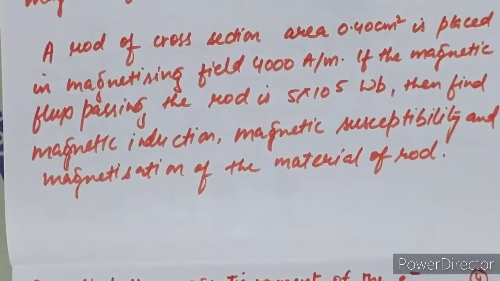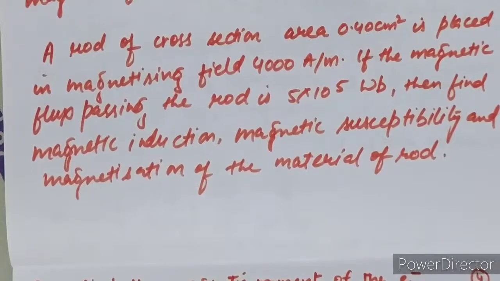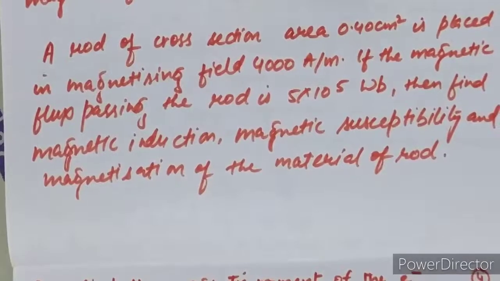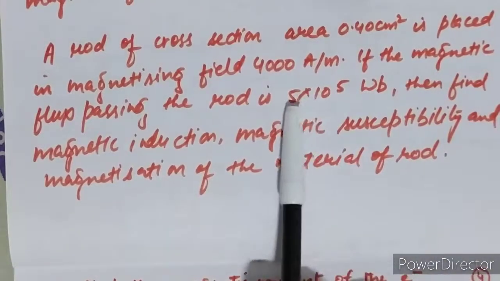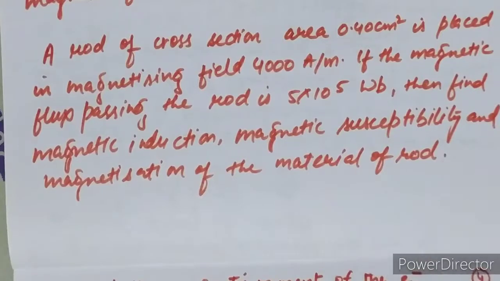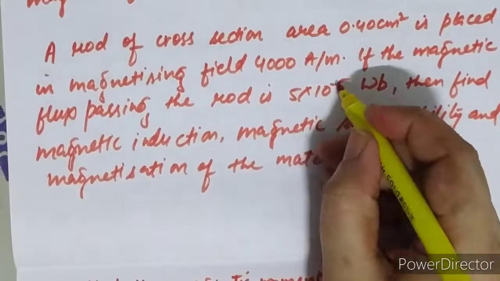Okay, so in this the area of cross section has been given, that is 4 into 10 to the power minus 5 after converting from centimeter. The value of H is given, 4000 ampere per meter. The value of magnetic flux is also given, 5 into 10 to the power minus 5 Weber.